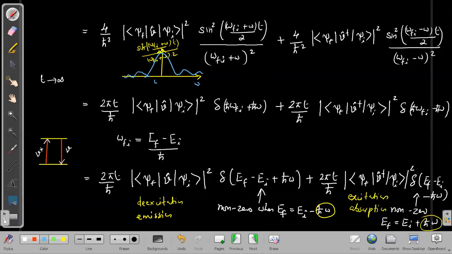And here this is omega fi plus omega. So when omega fi plus omega is 0, we'll get the maximum, and this peak would be proportional to t square by 4. So this peak increases when t increases, and the width decreases when t increases.